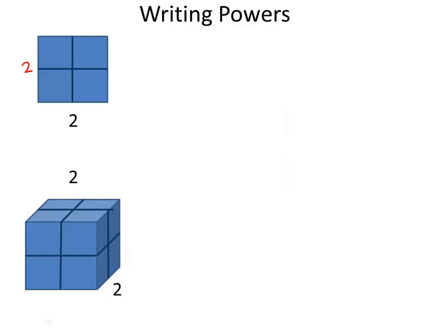Now we say that it's 2 times 2, or in other words, 2 to the power of 2. What this means is 2 times 2, and that equals 4. So we say 2 to the power of 2, which we know is 2 times 2, and that's 4. And we see that there's 4 boxes right here.